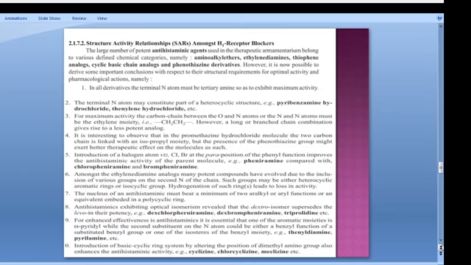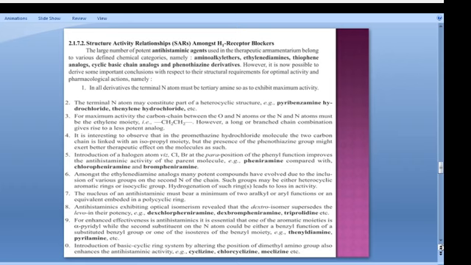So now we can go for the basic structure activity relationship, the common structure activity relationship of all these drugs, because we have seen various types of drugs like aminoalkyl ethers, ethylenediamine derivatives, thiophene derivatives, cyclic compounds, phenothiazine derivatives. However, it is now possible to derive some important conclusions with respect to the structural requirements of optimal activity and pharmacological activity.